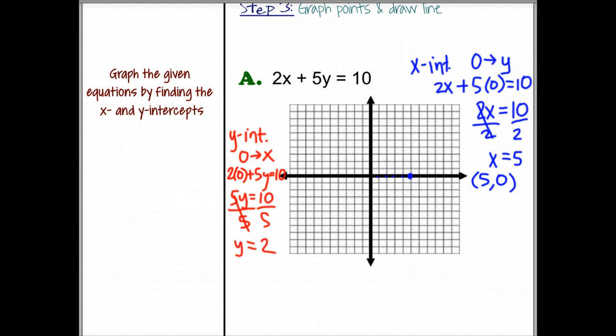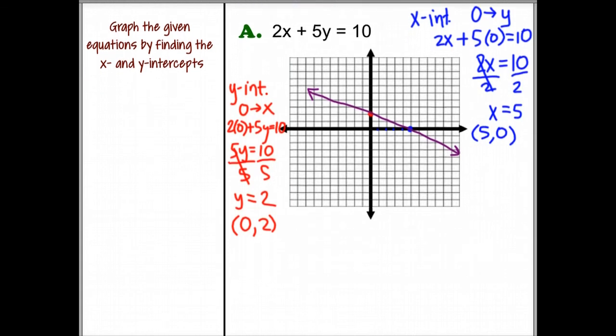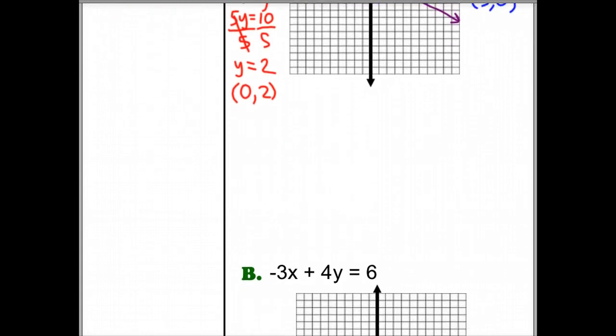And this, written as an ordered pair, is going to be the point 0, 2. So now we go up to 1, 2. And then what we do is draw the line through. So that is how we graph a line by standard form using the x and y intercepts.